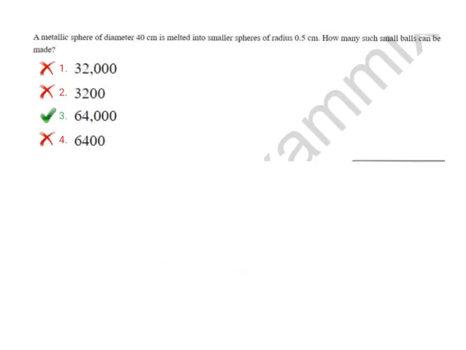A metallic sphere of diameter 40 centimeters is melted into smaller spheres of radius 0.5 centimeters. How many such small balls can be made? The diameter of the larger one is 40, so the radius R1 is 20, and R2 for the smaller one is 0.5, which is 1 by 2.